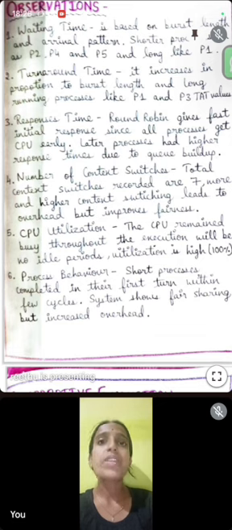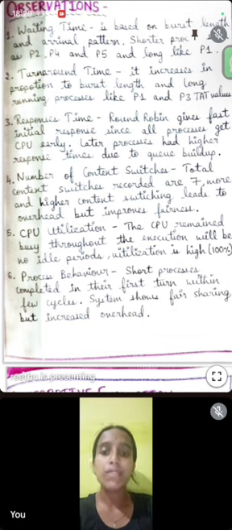Larger quantum values such as 6 and 8 reduced context switching, but at the cost of increasing waiting and turnaround time, causing short processes to wait unnecessarily behind long ones. Across all results, it became clear that a moderate quantum provides the best compromise between fairness, overhead, and responsiveness.